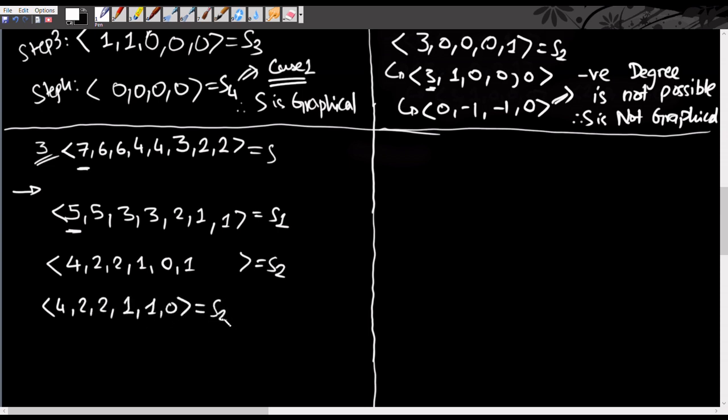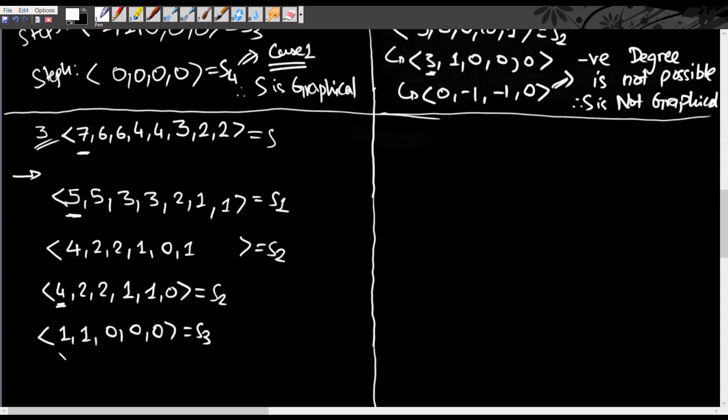That's your S2. Continuing the process, you remove 4 to get S3 and reduce the next 4 entries by 1. So you're left with 1, 1, 0, 0, 0 to get S3. Now continuing further, you remove 1 and reduce the next 1 entry by 1. So you're left with 4 zeros.